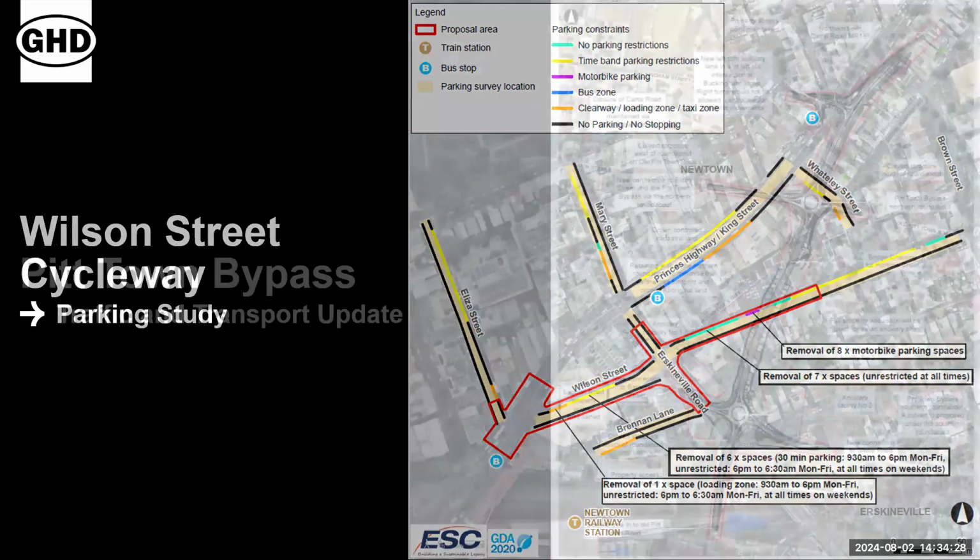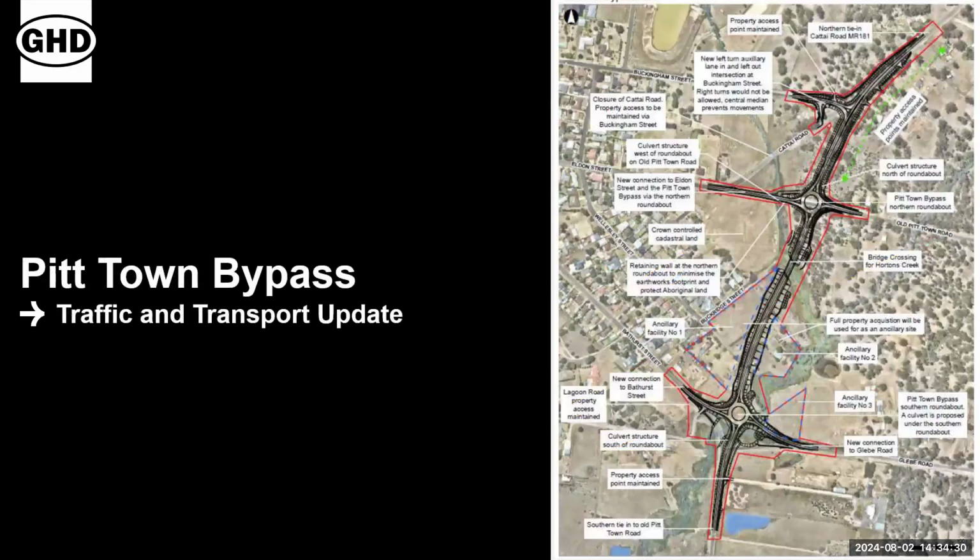And the final one was the Peak Town bypass, where a bypass is proposed to be constructed, and there are different factors that we have to look into, because this area also has a lot of heavy vehicle movement.